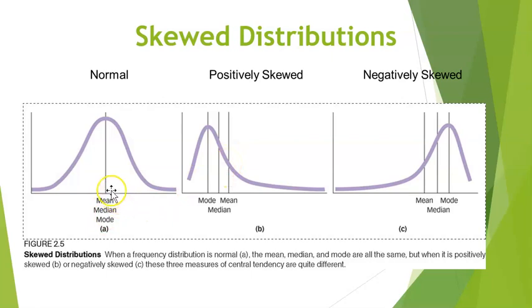So in a normal distribution, the mean, median, and mode are all going to be the exact same number, whereas in a positively skewed distribution, the mode will still be that peak, but our median and mean will both be pulled to be more positive or higher than the mode, and you're going to get a tail pointing positive, pointing to the right.